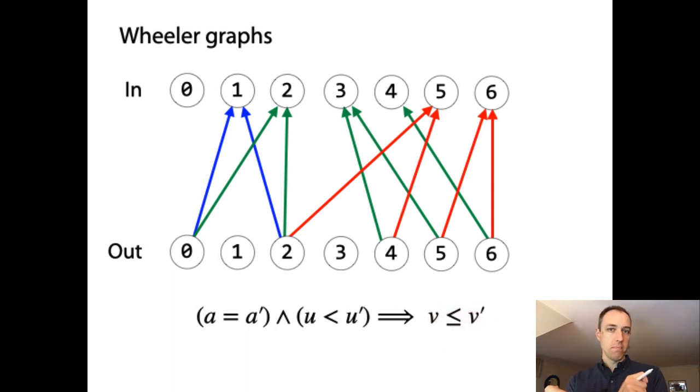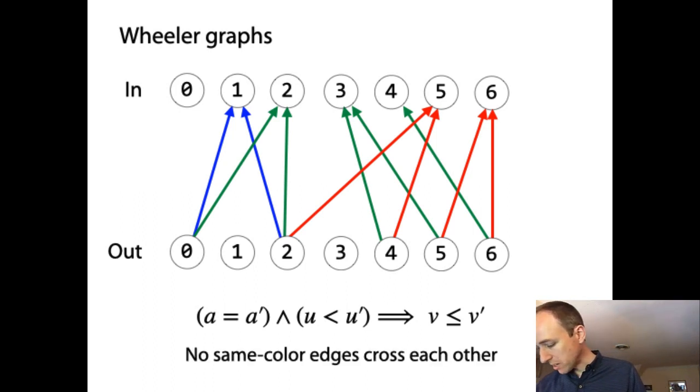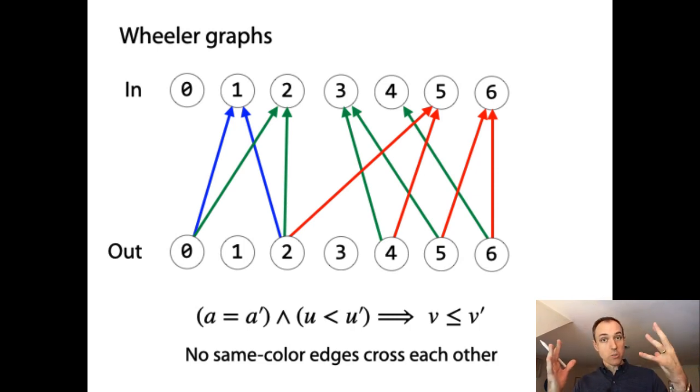It's the same concept, right? So no 2 same color edges are allowed to cross each other. So it's just another way of visualizing the same kind of graph, but now the rules have a visual interpretation. Okay?